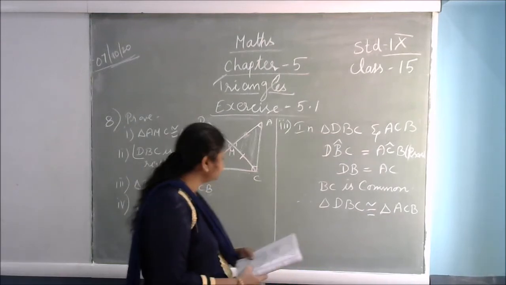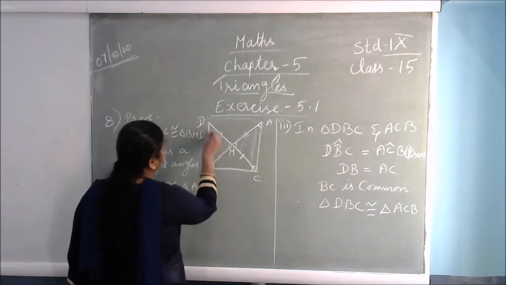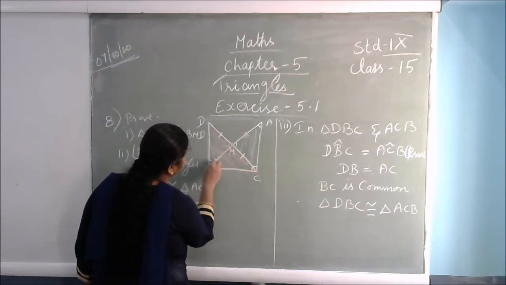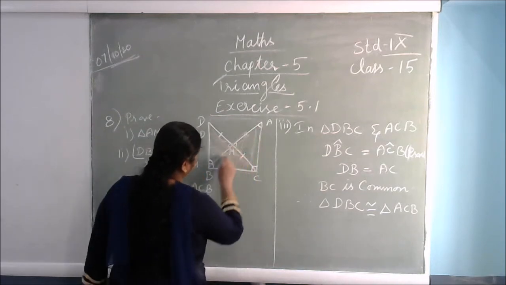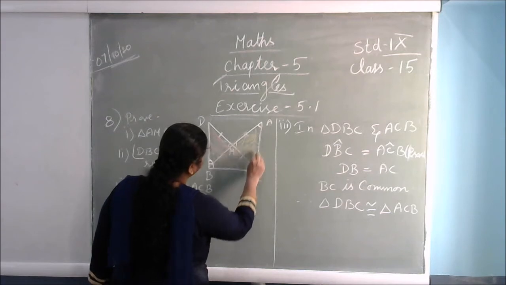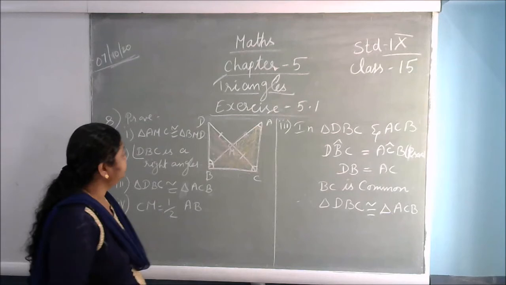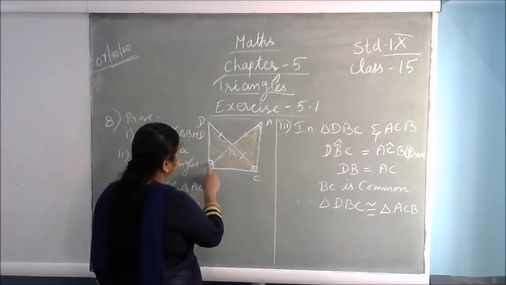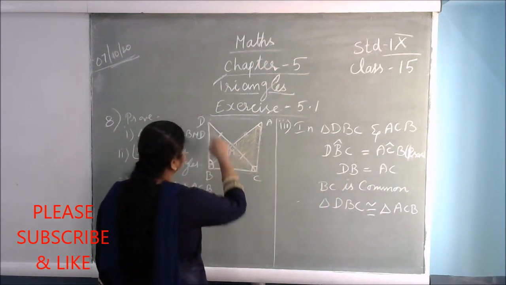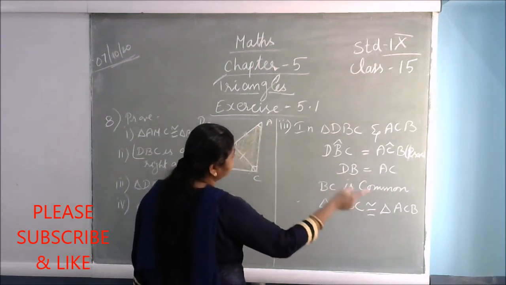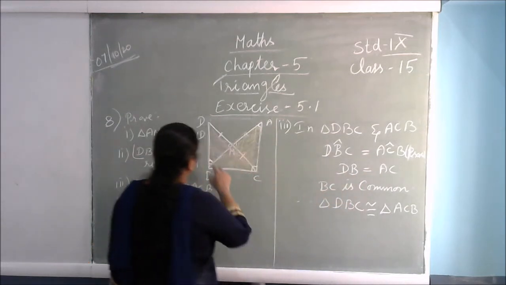Okay, the third one is what? In this triangle, see here, this triangle and this one, this triangle, you have to prove these two are congruent. First, we already proved that this angle and this angle are equal. And DB is equal to AC, one side also they have given as an equal side. And BC is common.